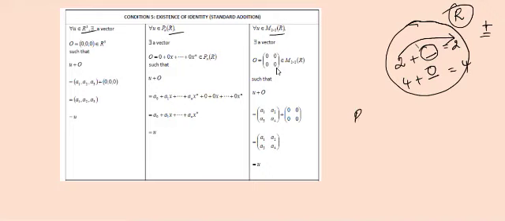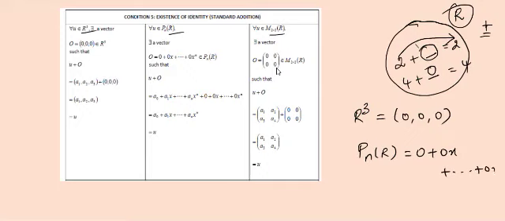See, in R3 you will have 0, 0, 0. In Pn of R you will have the 0 polynomial. Whereas in M2 cross 2 of R we will have 0, 0, 0, 0, right? So with this, if you are adding, you are going to get the same element. That is, u plus 0 will be equal to u. That is what we used to define like this.